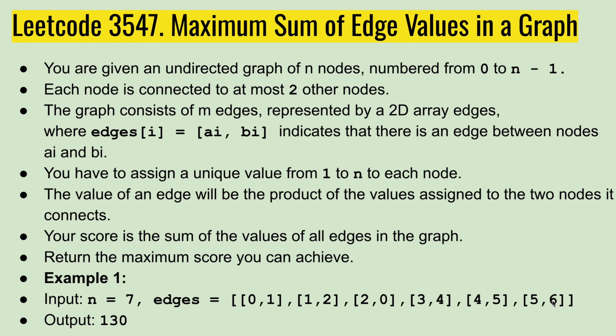Okay, so the goal is to assign values in a way that maximizes the score, right? The score is calculated by multiplying the values, meaning the product, of the two nodes that are connected by an edge, right?